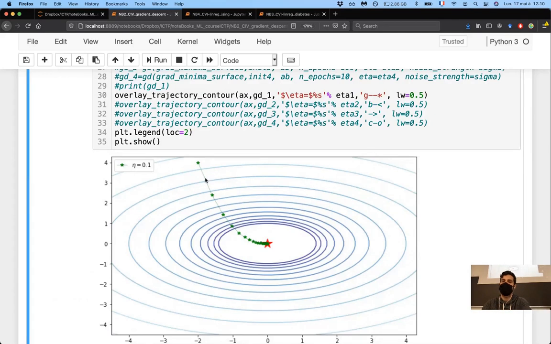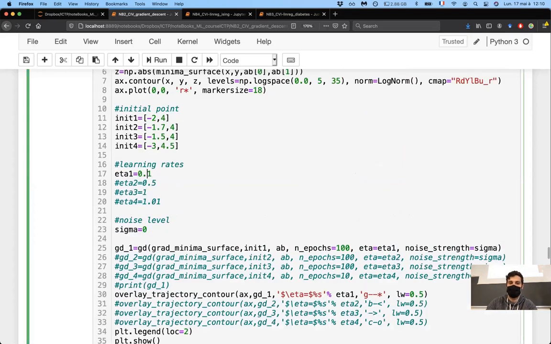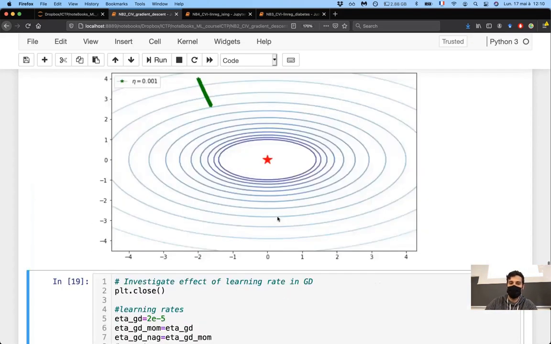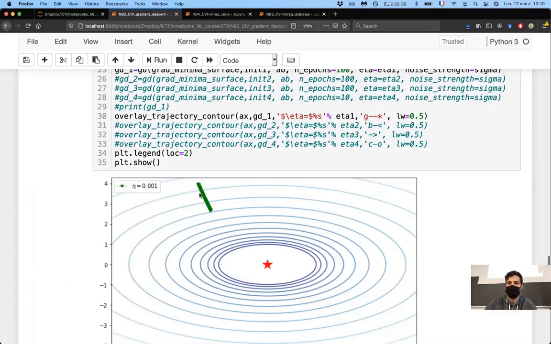And indeed, it looks like it. If I was taking a very small learning rate, the lines are almost perfectly orthogonal to the contour curves.